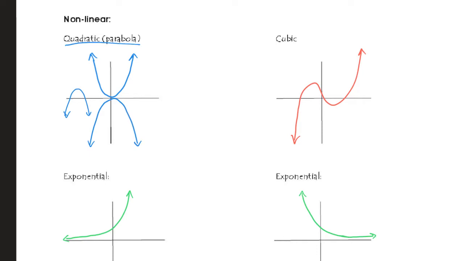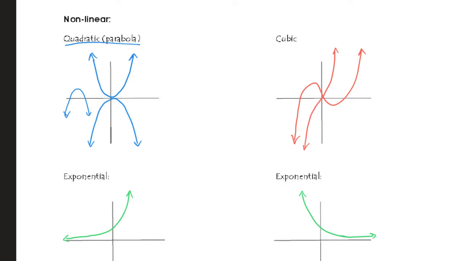You take a look at your cubic beside it. That is just one example of a cubic. We could also have our base cubic function that I'm going to put on as the new curve in red. You'll notice a little bit of a difference between our cubic and our quadratic.